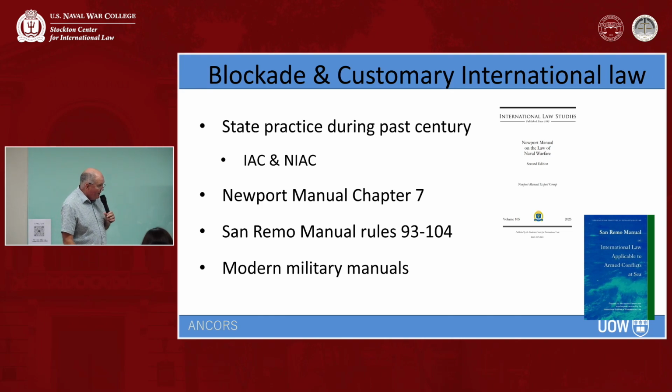What do publications like the Newport Manual, San Remo Manual, what do they have to say about this? You can see both Newport Manual, we do deal with it in quite some detail in Chapter 7, and San Remo Manual deals with it in detail with a number of 10 rules there in that manual as well.